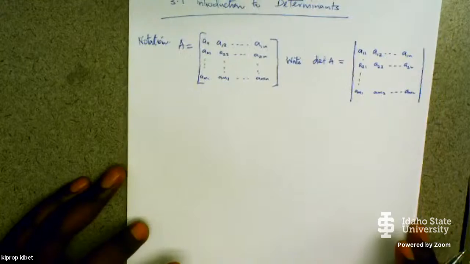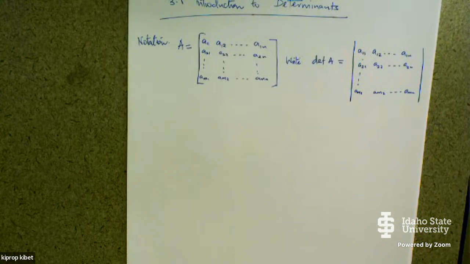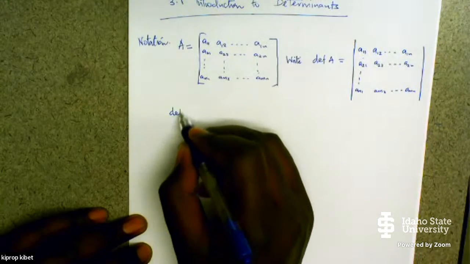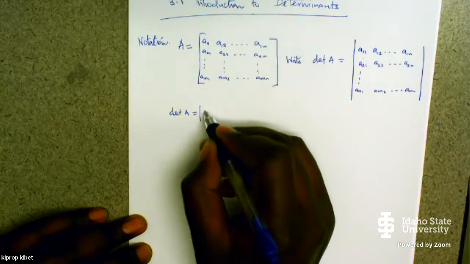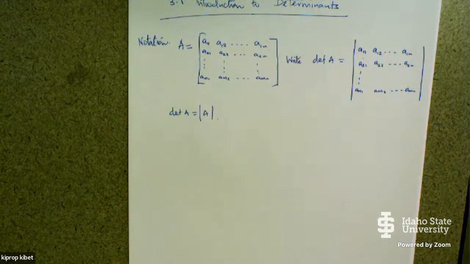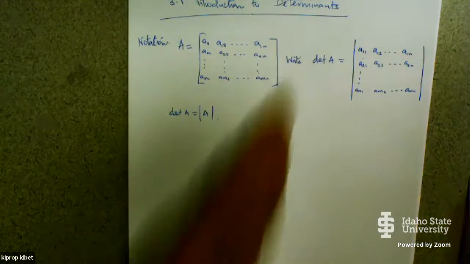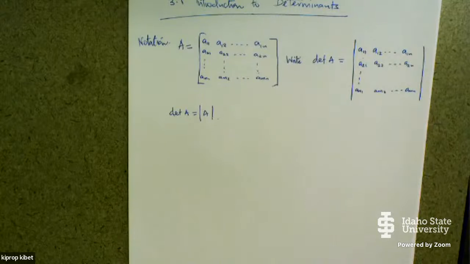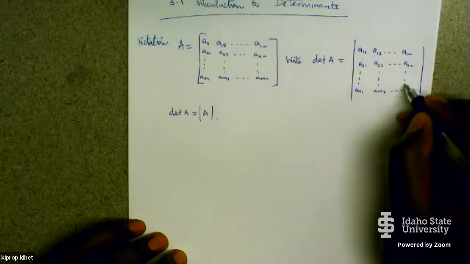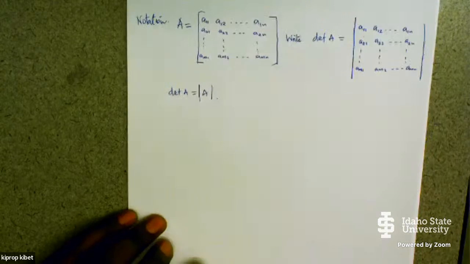So that is how we write the determinant, or you can just write determinant of A equals A. So if you see a question and someone is just putting the two lines there, then it means you should get the determinant.